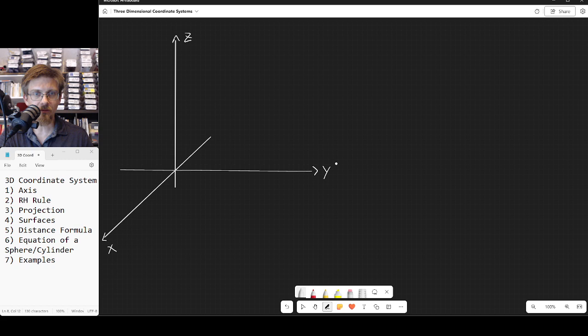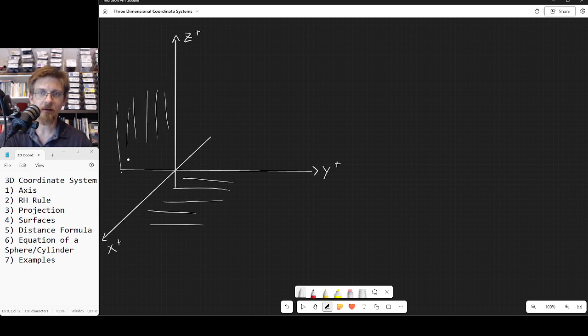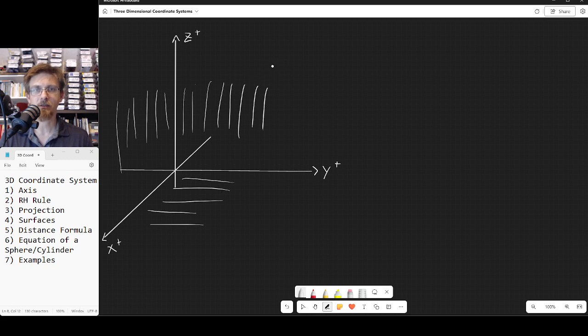The positive directions here: this is y positive this way, up is z positive, and out of the page would be x positive. If we think about the xz, xy, and zy planes, these planes right here all enclose what's called the first octant.